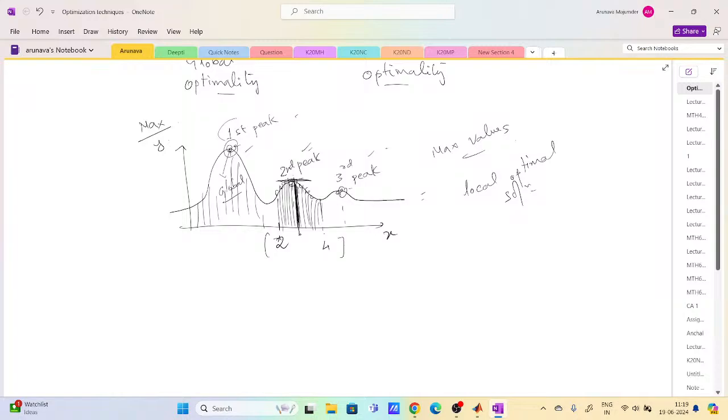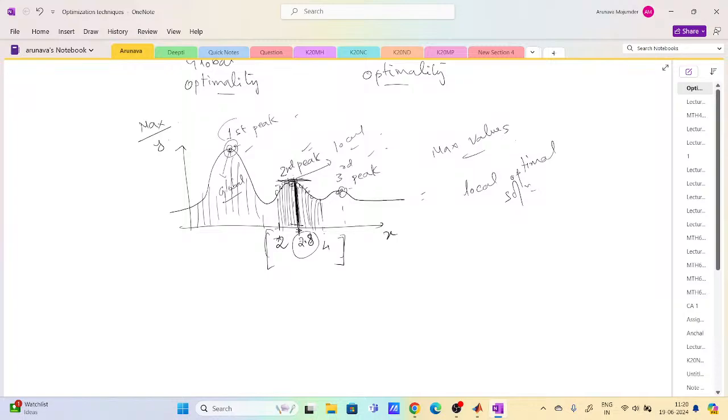Let us suppose the functional value at this point is at 2.8. This y value is the maximum. So this is a local optimum, not a global one, because you have given the range only 2 to 4. The optimizer searches only between 2 and 4 for which value is maximum.